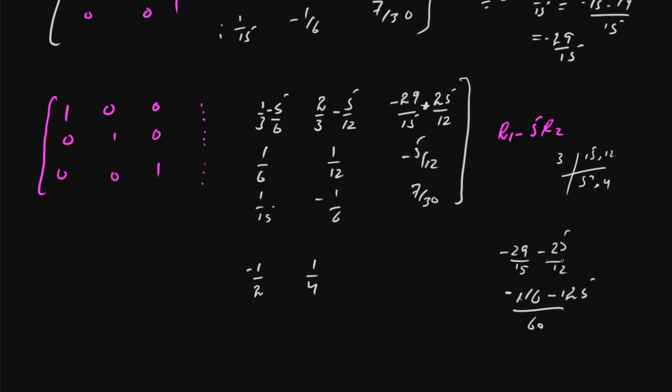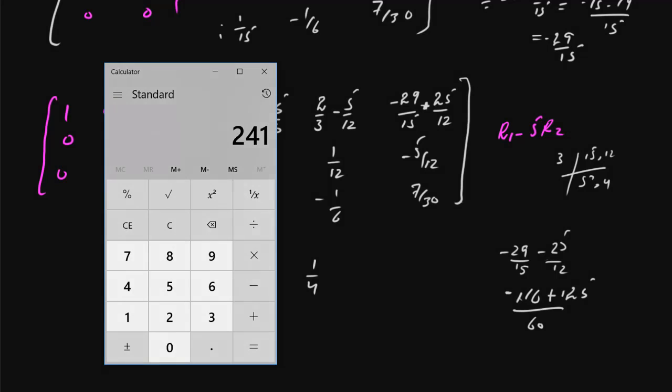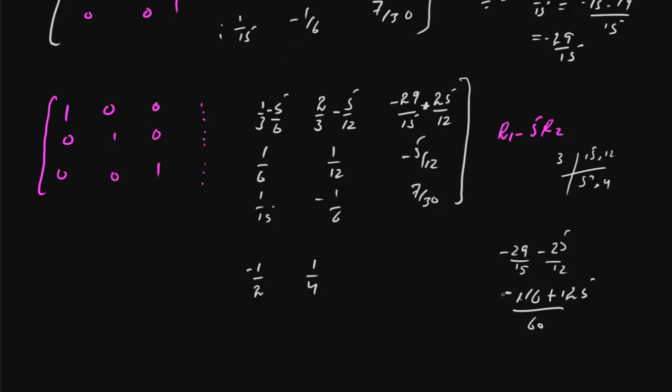Now again doing so, we take 125 minus 116, we will get 9 over 60, and dividing by 3, that will be 3 over 20.